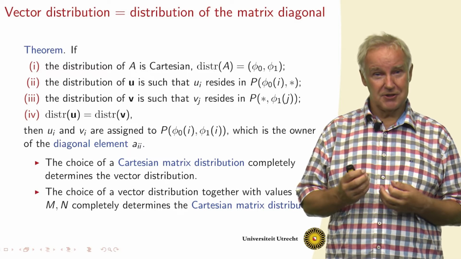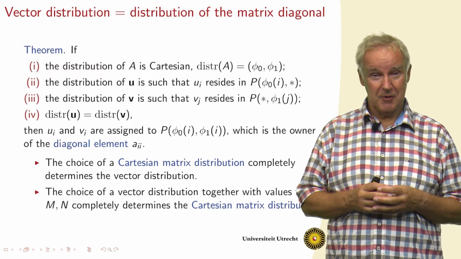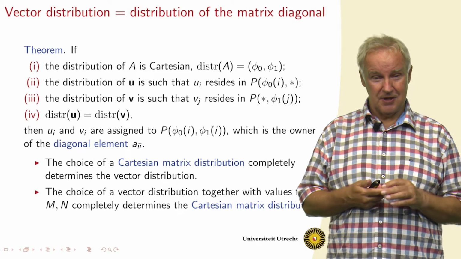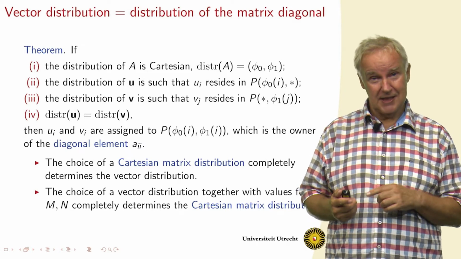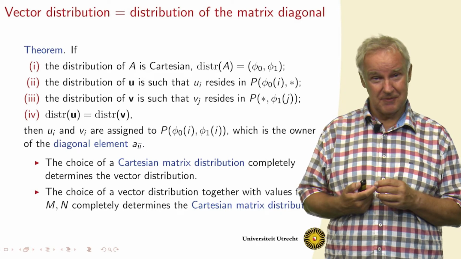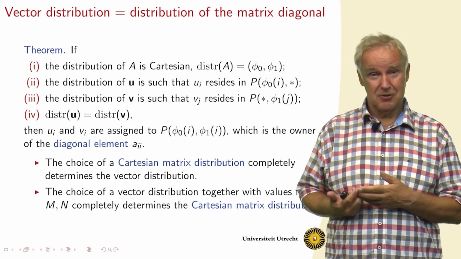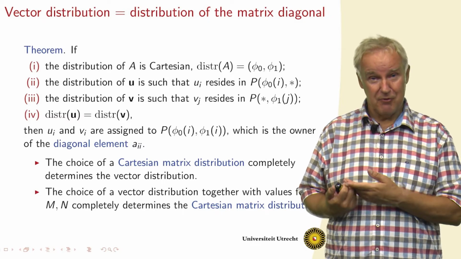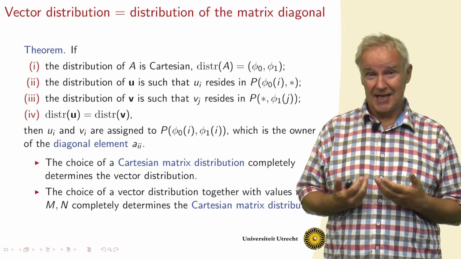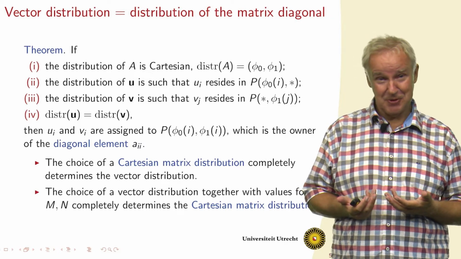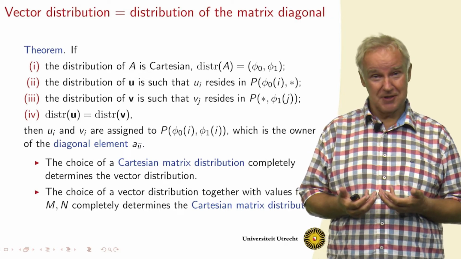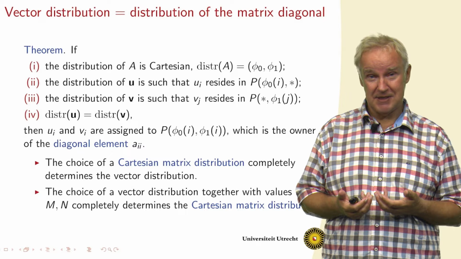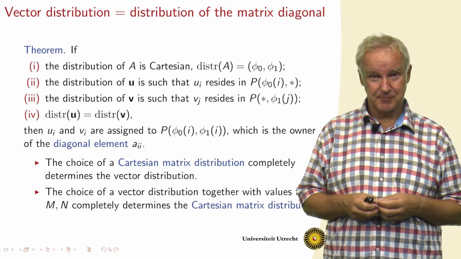With all these assumptions, we see that u_i and v_i are assigned to the same processor. They must be assigned to processor (phi_0(i), phi_1(i)). And that actually, by the Cartesian distribution, is the processor that holds the diagonal element a_ii of the matrix.